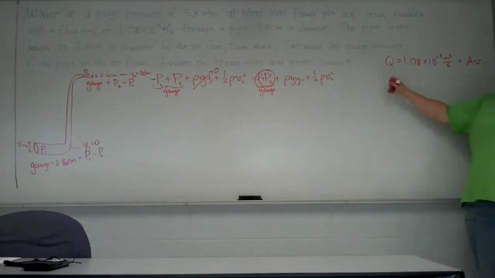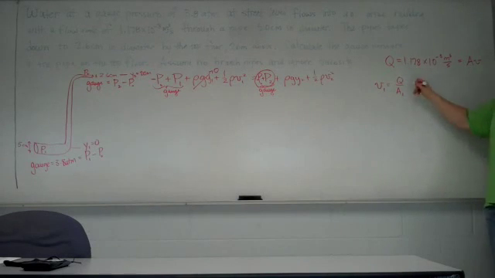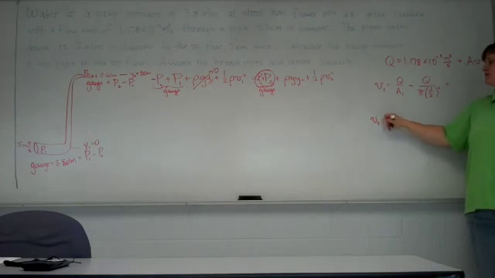So v1 will be Q over A1. We know Q. Q is the same everywhere in the pipe. A1 is pi radius squared, we know the diameter, so it'll be diameter over 2 squared. v2 will be similar, only we'll need diameter 2.